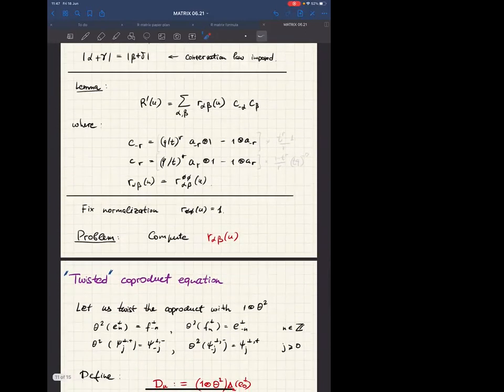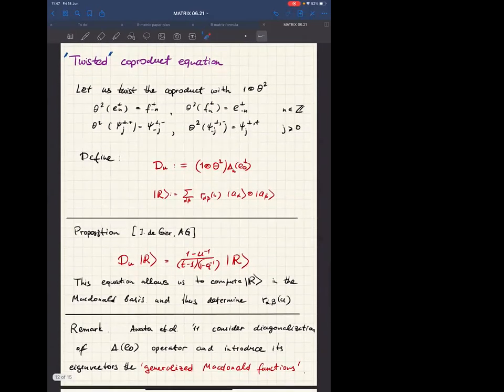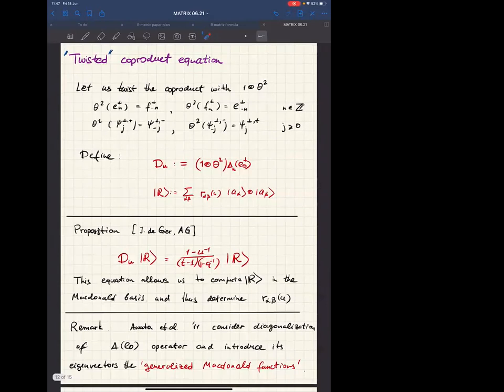This problem can be phrased in terms of the so-called twisted coproduct, but it's not twisted in the sense of a Drinfeld twist. It's a partial twist by an automorphism. So we can take the automorphism that I defined earlier and square it.